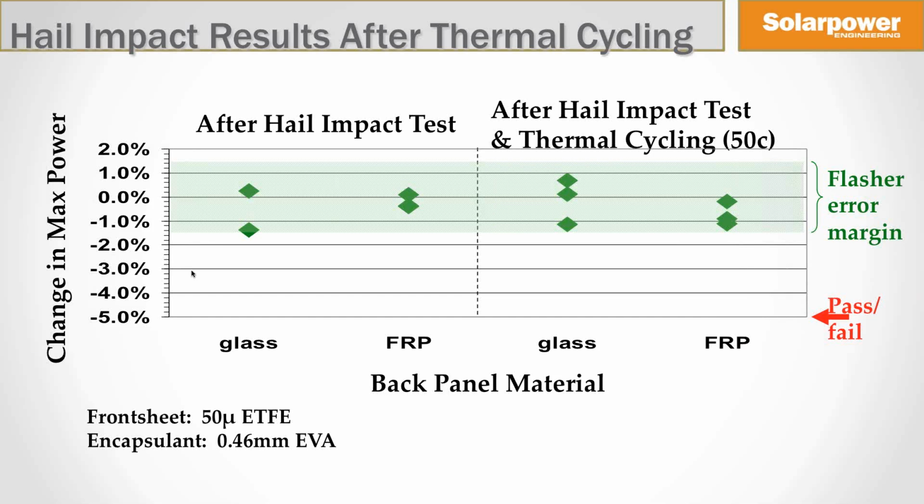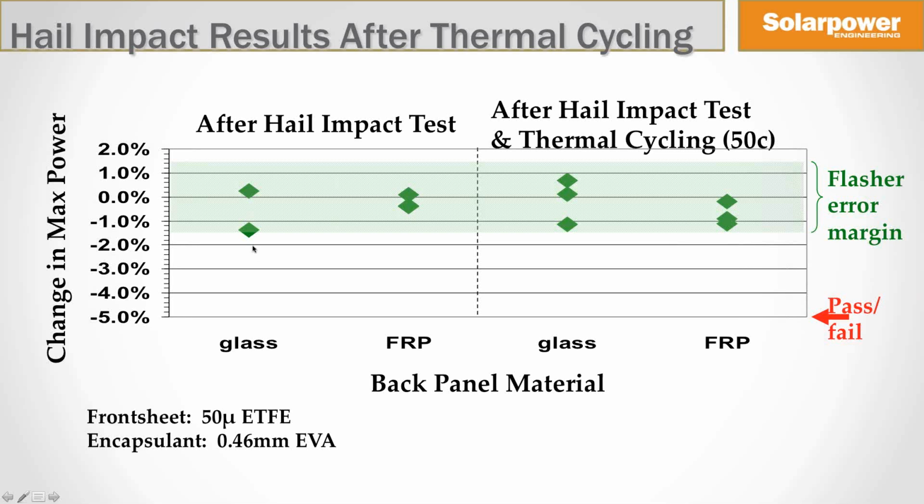The change in power is plotted on this axis over here, the y-axis. The x-axis is the different backsheet materials that are used in making these modules. So the backsheet material, the back panel material, could either be glass or a fiber reinforced plastic. Now getting to the test results.